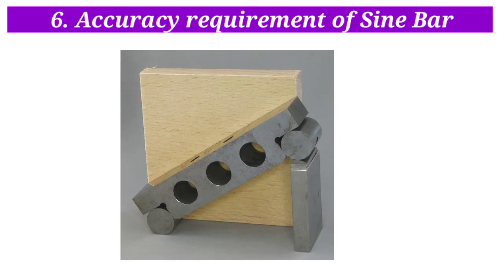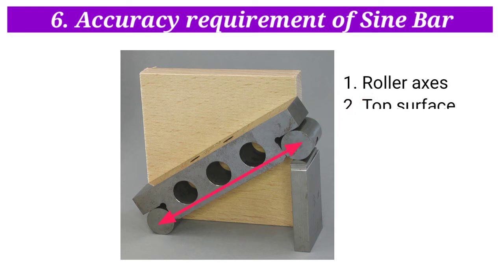If a sine bar is to be accurate, then the following conditions relating to its constructional features must exist. First, the axes of the rollers must be parallel to each other and the center distance L must be known. The size of the bar is specified by this distance.